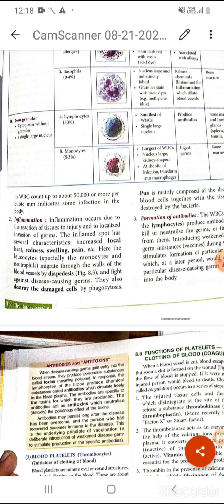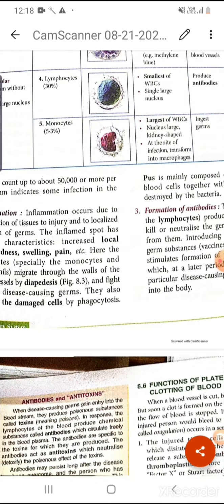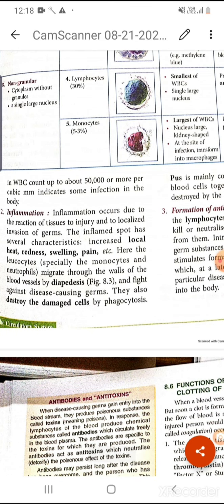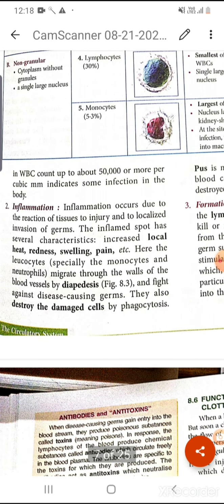Suppose any bee or any wasp bites our hand or any part of our body. After some time we feel pain, redness and swelling of that region.